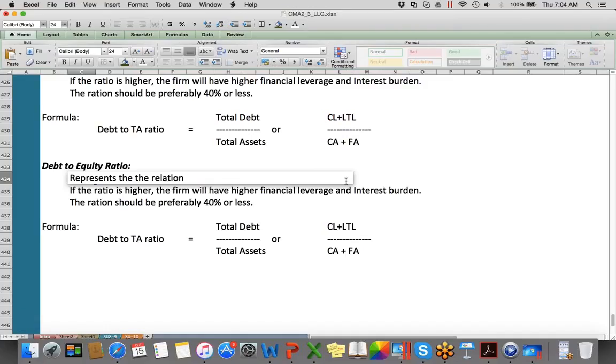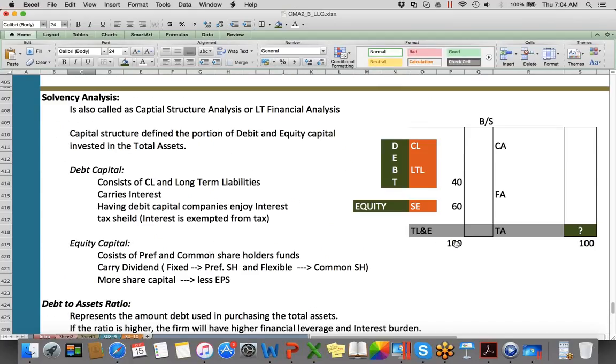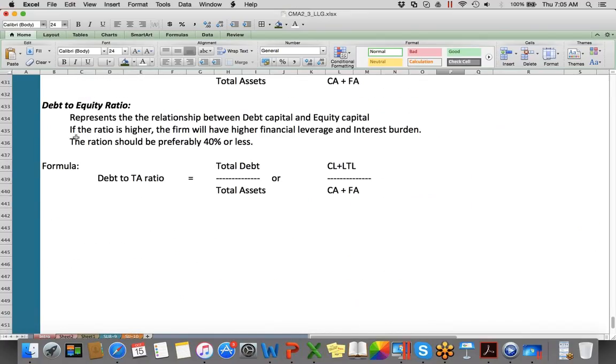It explains the relationship between debt capital and equity capital. Debt capital and equity capital means from this 100, what is the portion of debt and what is the portion of equity. So you will have the ratio between 40 and 60 in this ratio.